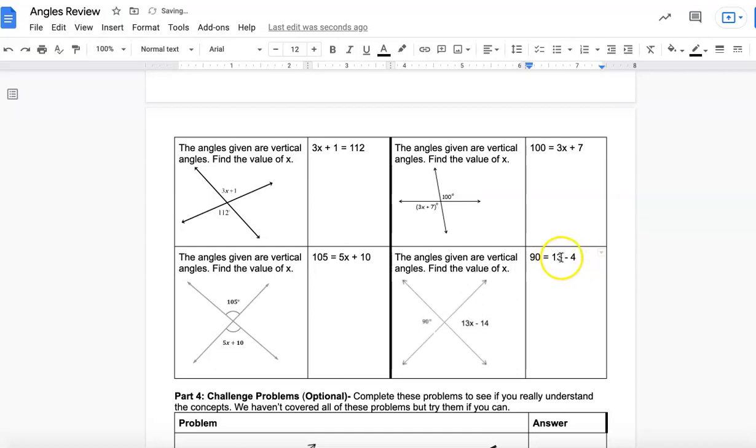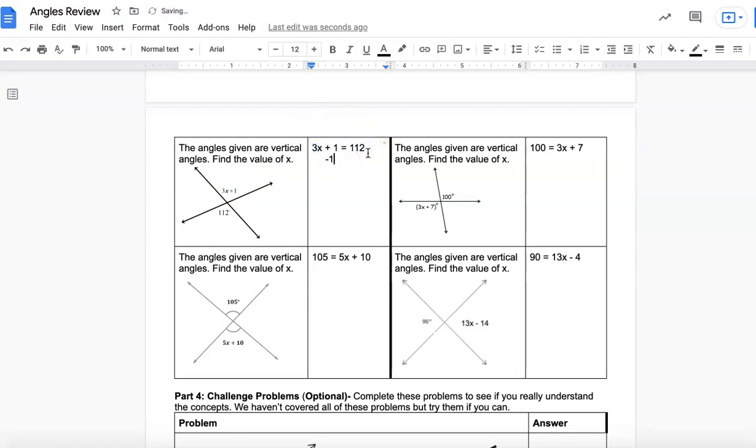So I've set them all equal to each other. Vertical angles are equal. Now I'm going to go ahead and solve the two-step equations from here. If you get confused after this point, that's okay, but you need to be able to take these sets of vertical angles and set them equal to each other and create this equation.